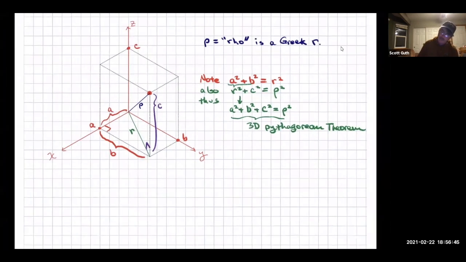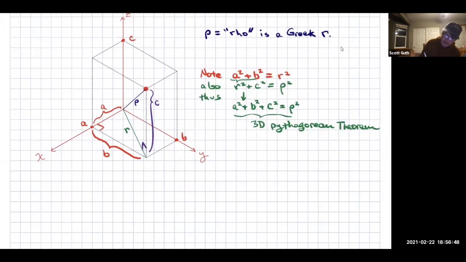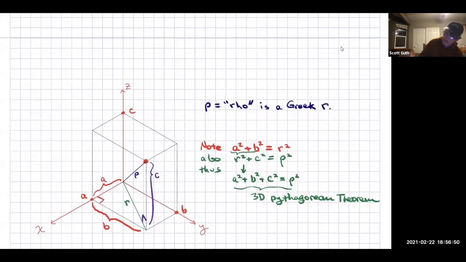So if we want a 3D, I guess this whole thing goes under the heading of the 3D Pythagorean theorem. I'll copy that up real quick.